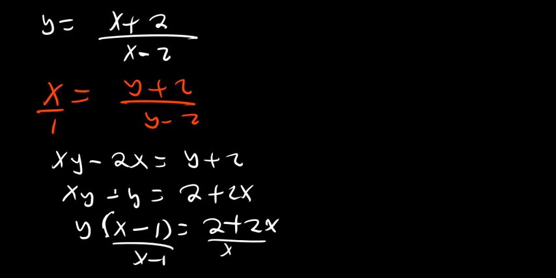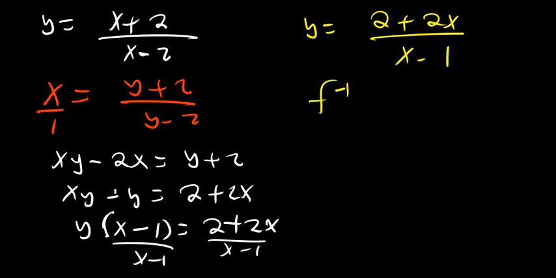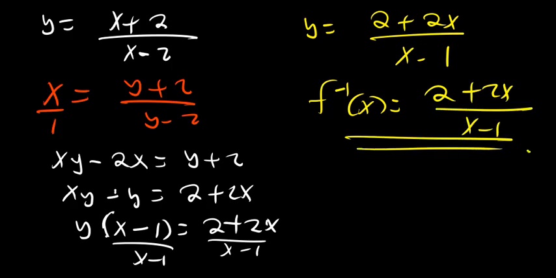So y is equal to (2 plus 2x) divided by (x minus 1). So the inverse of this function is (2 plus 2x) divided by (x minus 1). So this is the answer.